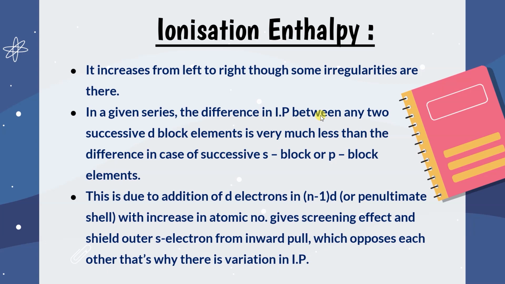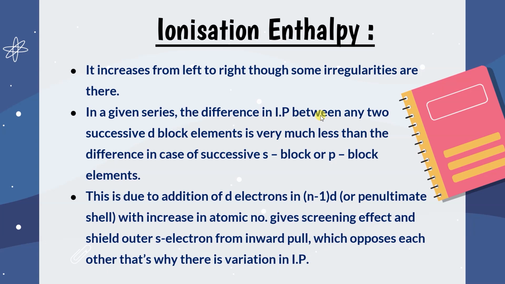This is due to addition of d electrons in the n-1 d or penultimate shell. Penultimate shell, you know, last but one, that is called penultimate shell. So this is due to addition of d electrons in (n-1)d with increase in atomic number, which gives a screening effect.